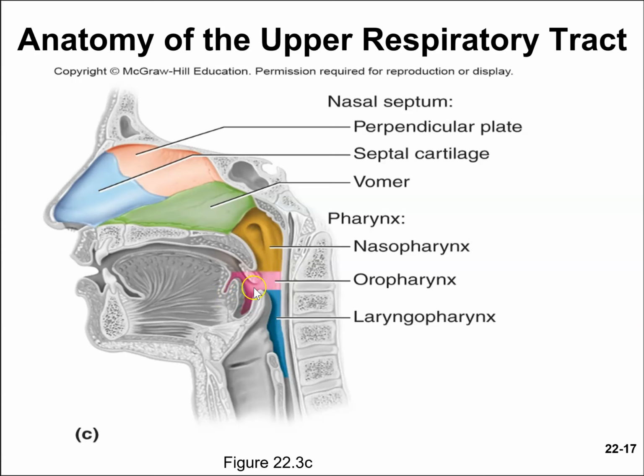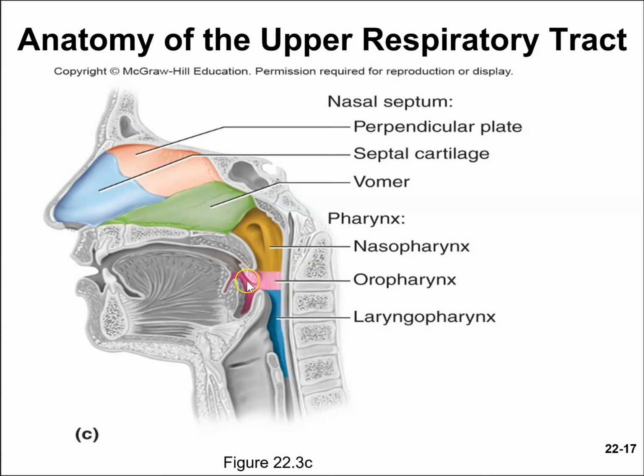So in this region, you do not find ciliated epithelium, because if you would have ciliated epithelium over here, that is pseudostratified ciliated columnar epithelium, a lot of food would get trapped in here and your mouth would always smell. So you don't really find ciliated epithelium. Instead, you find a lot of stratified squamous epithelium.